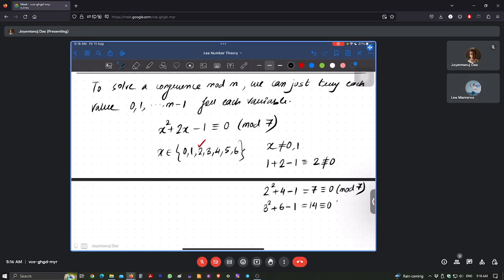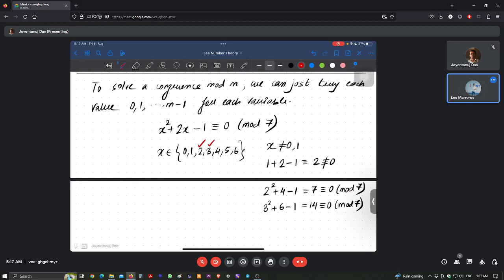So this is 0 mod 7. What about 4? 4 would be 16 plus 8, 24, minus 1 is 23. 23 doesn't work. 5: 25, plus 10 is 35, minus 1 is 34. No, it doesn't work either.